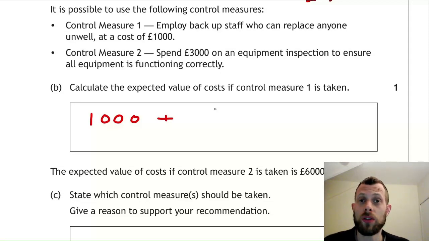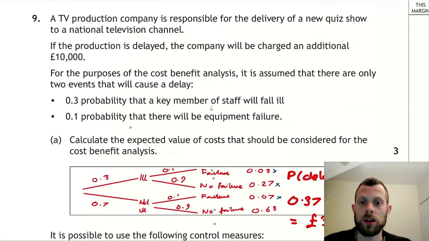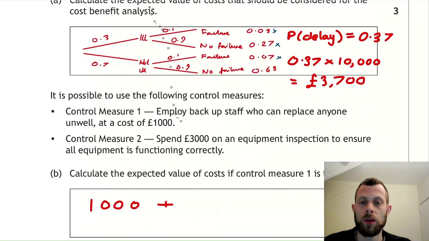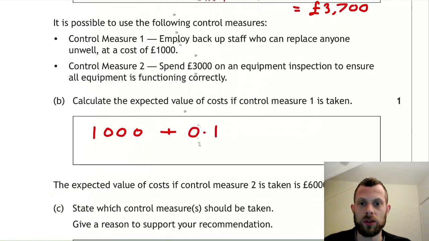The only thing left over is the delay from the equipment failure, which we saw before was a 0.1 probability. So we have to add on 0.1 multiplied by 10,000. So this will be £2,000 expected value for measure 1.